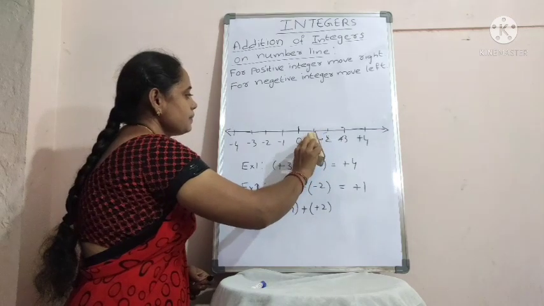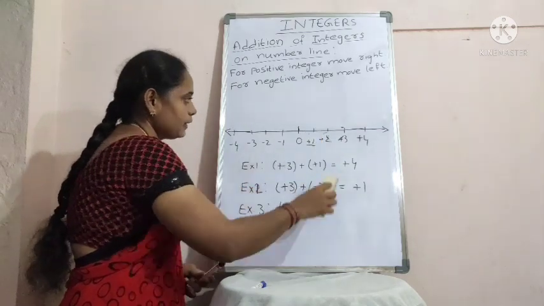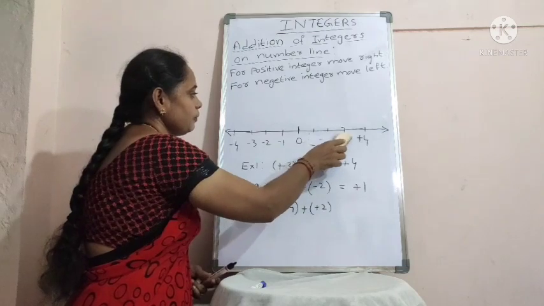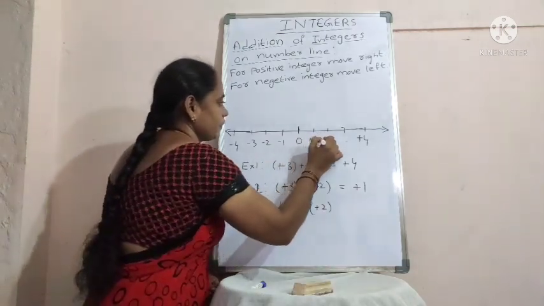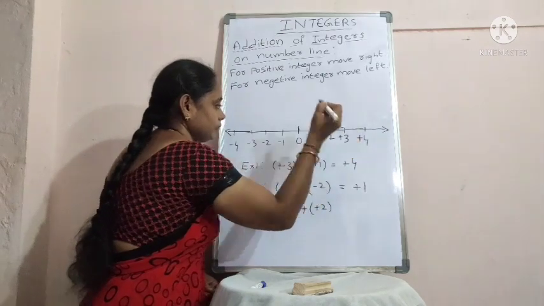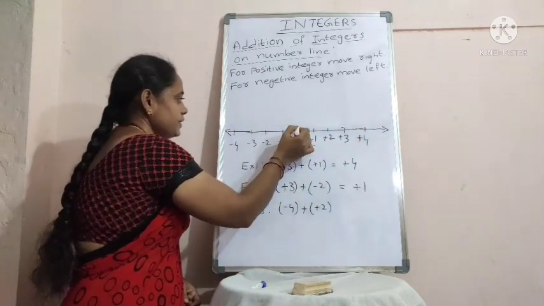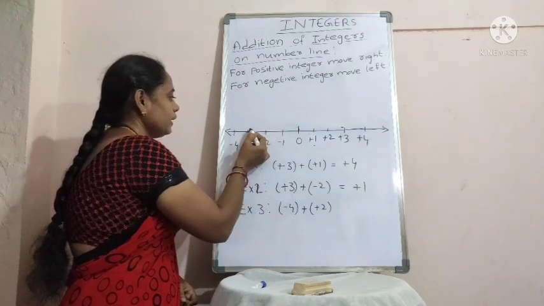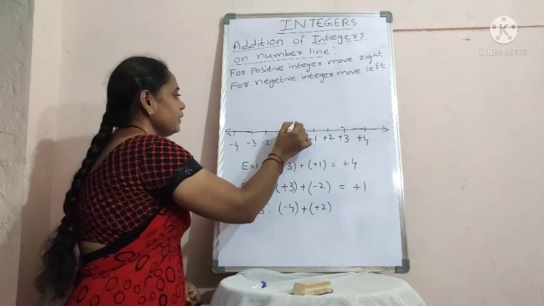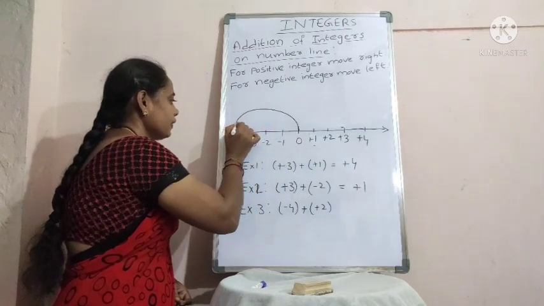How many steps we move? 4 steps. From 0 we move 4 steps. 1, 2, 3, 4. We reach -4.